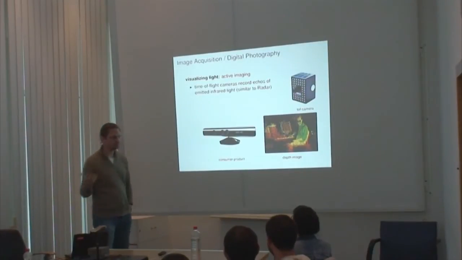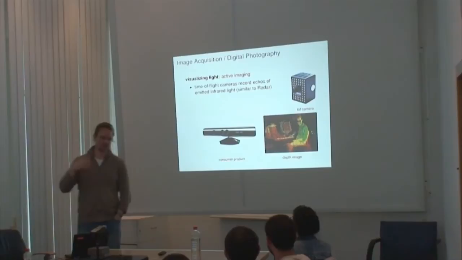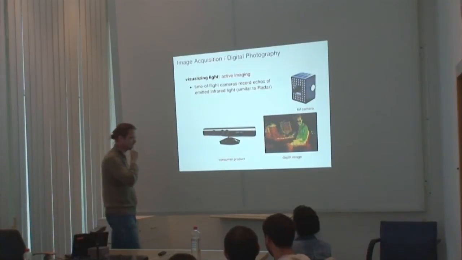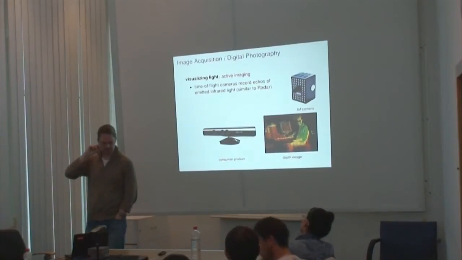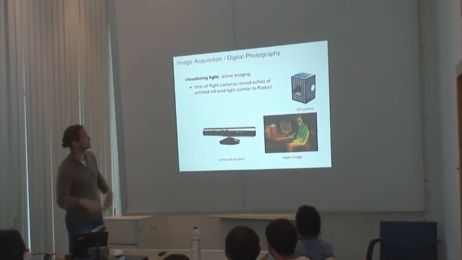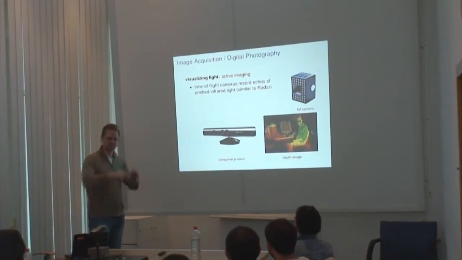Right? Because we know that the speed of light is a constant. If we know the frequency with which we emit light, we can do the math and solve that for distance.